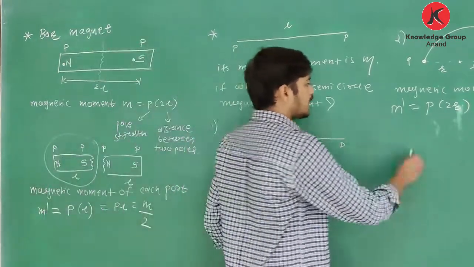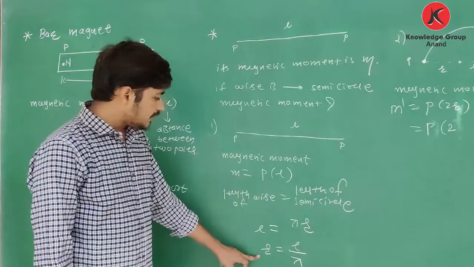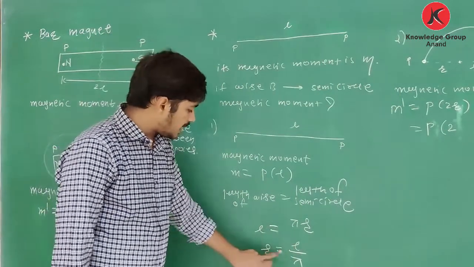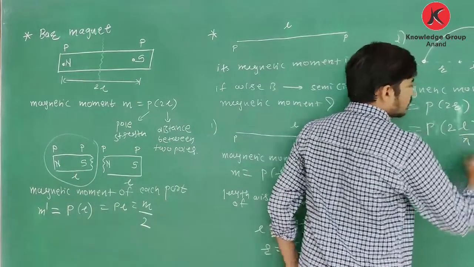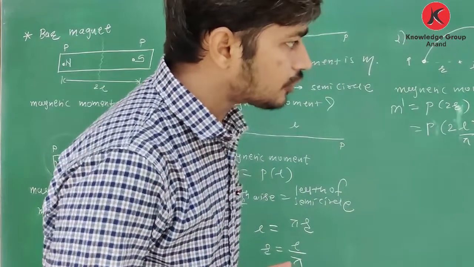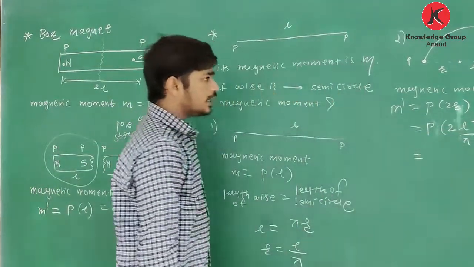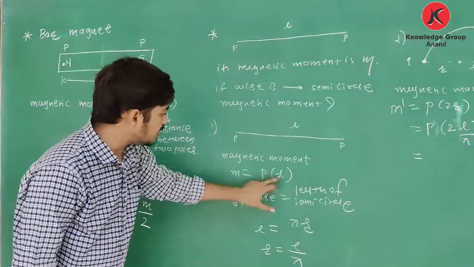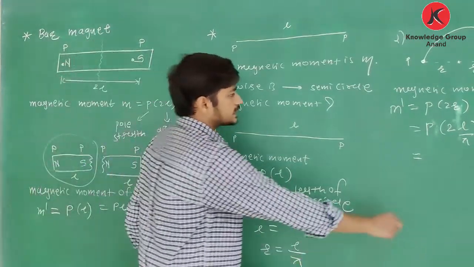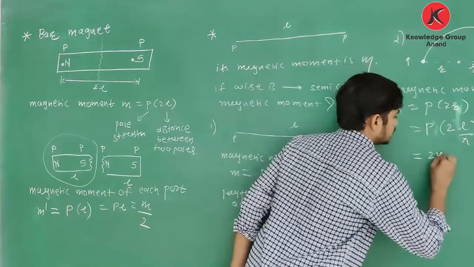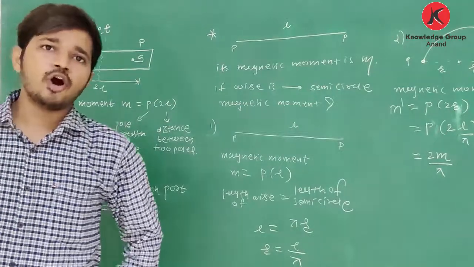Put the value of R here: R is equal to L upon pi. So M dash is equal to P into 2L upon pi, and PL is equal to M. So here it is 2M upon pi.